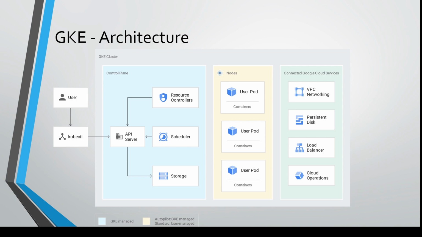Let's say you deploy a workload with three replicas. The request goes to the scheduler to ask where these pods need to be scheduled for this specific deployment. The scheduler looks at all the available compute instances and the resource utilization of each node.